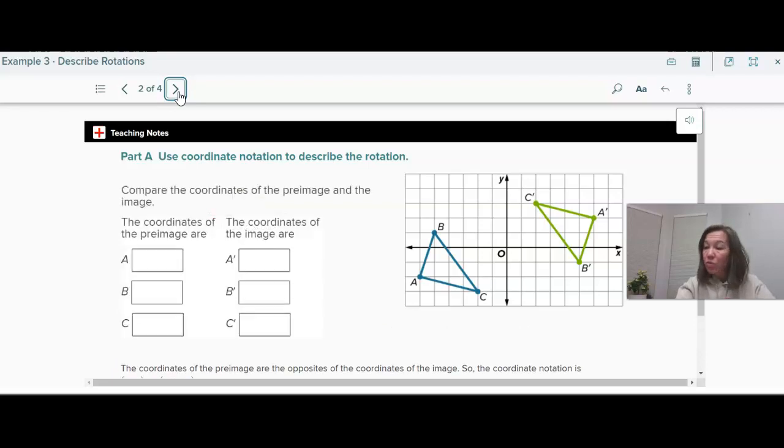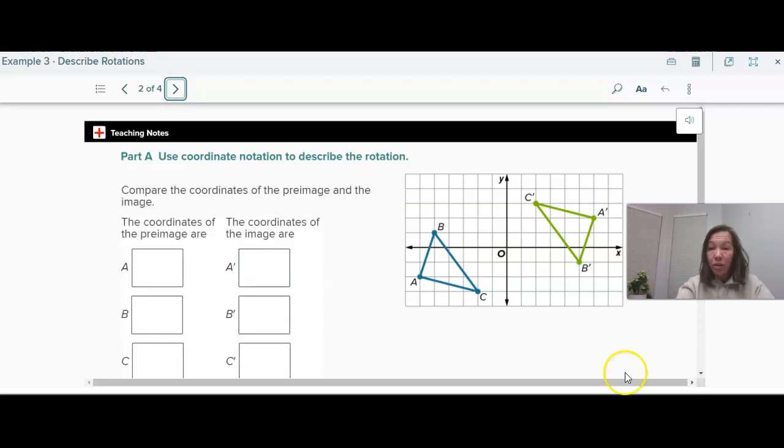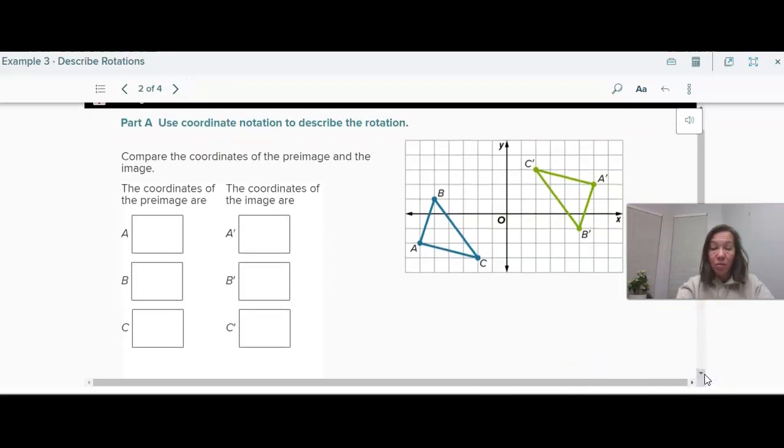It will be helpful first to write the coordinates of both. The original: A is -6, -2. B is -5, 1, and C is -2, -3.